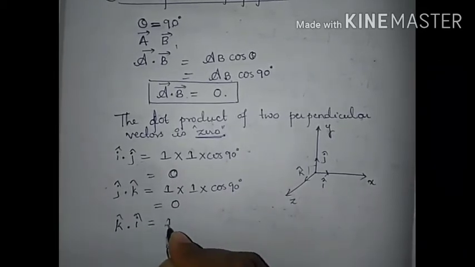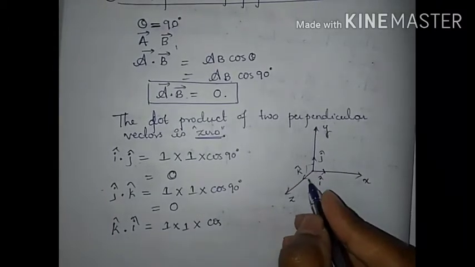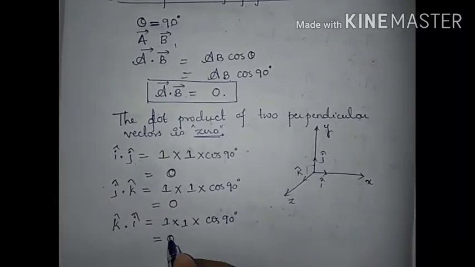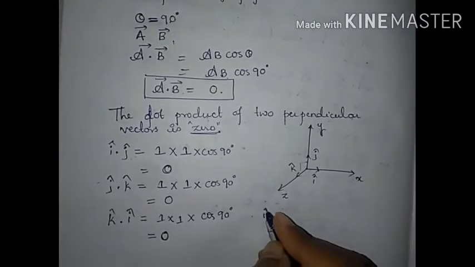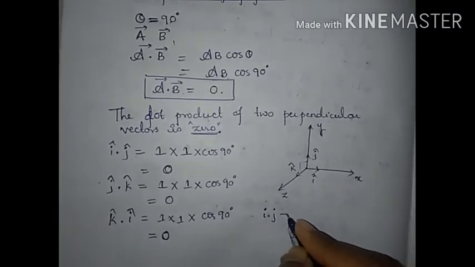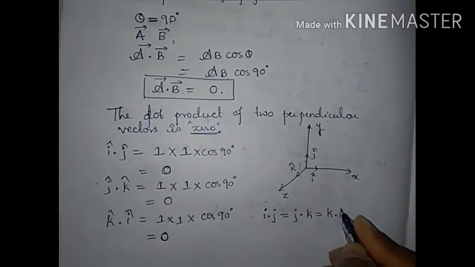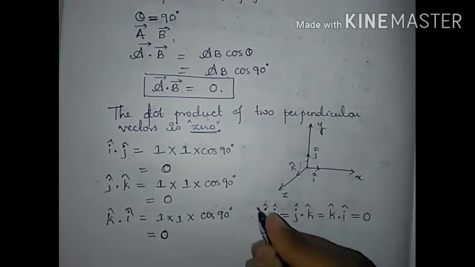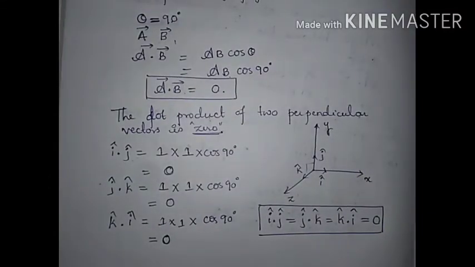The magnitude of k is 1, magnitude of i is 1 and the angle between k and i is 90 degree. So you can write it as 0. So overall you have i dot j is equal to j dot k, which is equal to k dot i, which is 0. So when two vectors are perpendicular to each other, the dot product of these two vectors will give the value as 0.